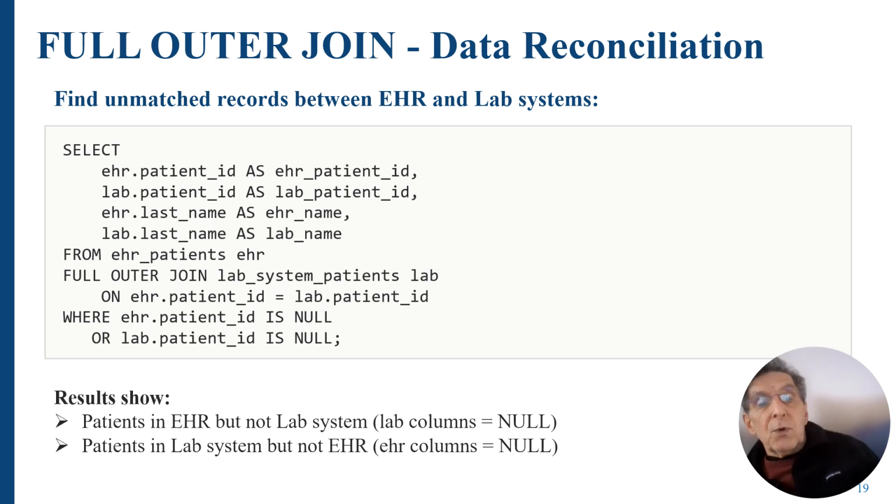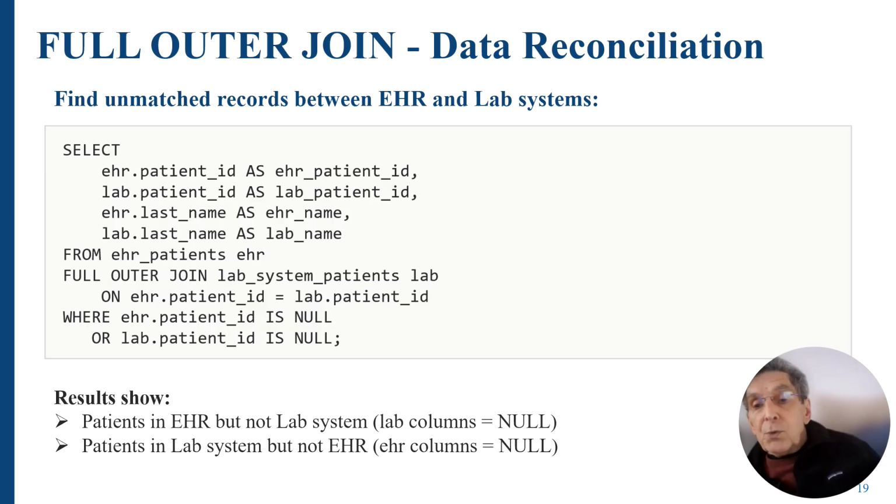We rarely use the full outer join, only in very rare examples, but let's talk about at least one situation where it might be used. We might want to find the unmatched records between the electronic health record system and our lab system. So trying to reconcile patient records between the two systems to find out if there are some records that may have gotten lost. So you're trying to find patients that exist in one system but not in the other.